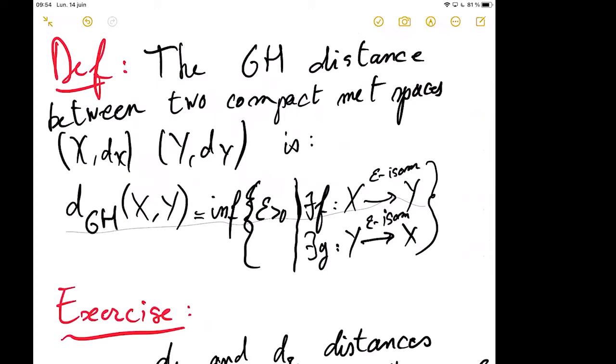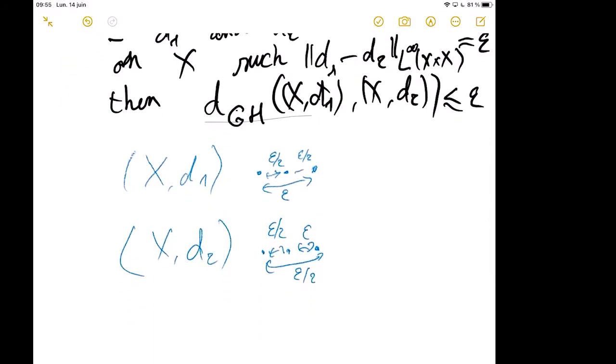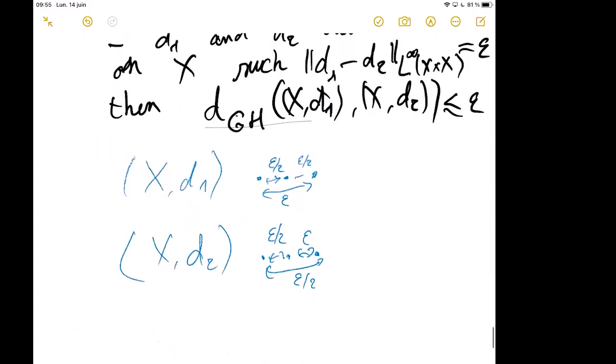So what that tells us is that the Gromov Hausdorff distance is not a distance on metric spaces, but on metric spaces up to isometry, which is a good thing for the geometers. But here you have an isometry between the two, but the uniform norm between d1 and d2 here is non-zero.